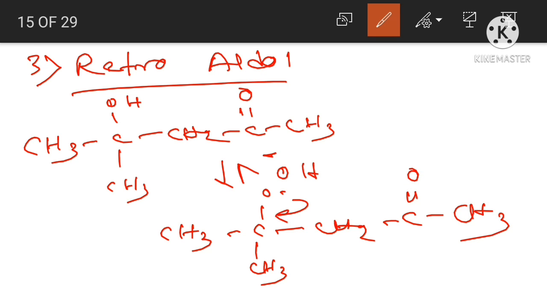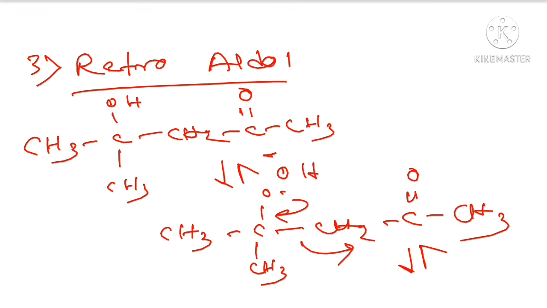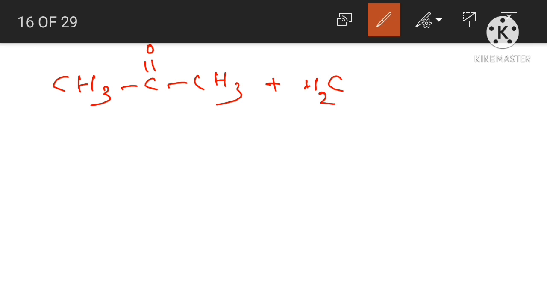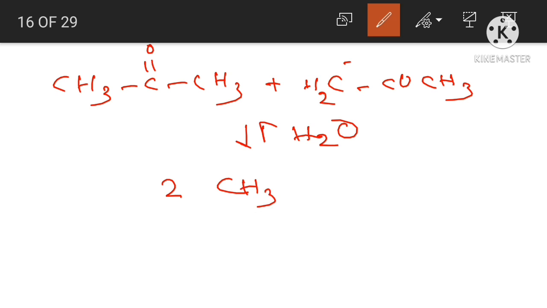So it will be like this, and this C-C bond will break, and we will get the compound CH3COCH3 plus CH2 minus COCH3, and after adding aqueous medium we will get 2 molecules of acetone.